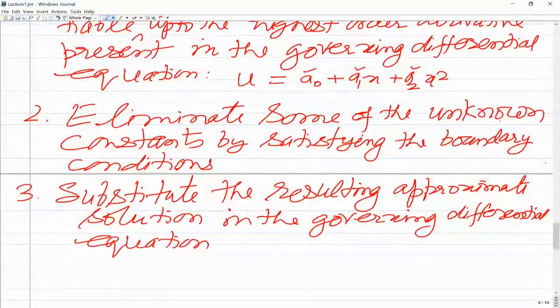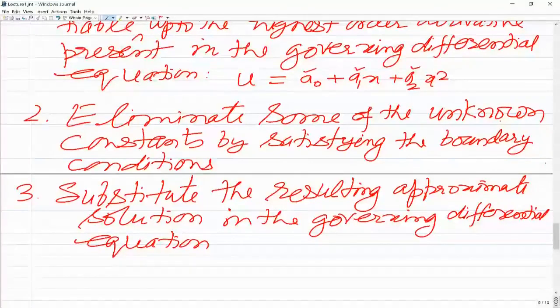And after you substitute, if you transfer all the terms of the differential equation to the left hand side and put this approximate solution in it, you will find that it will not be zero. Whatever non-zero quantity we get, we call that a domain residual.